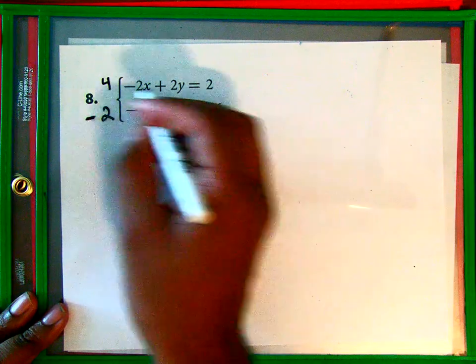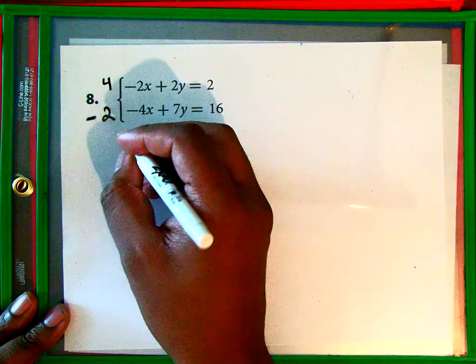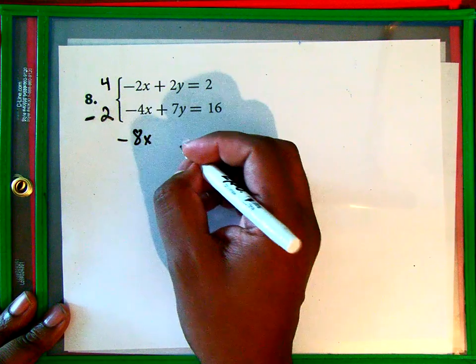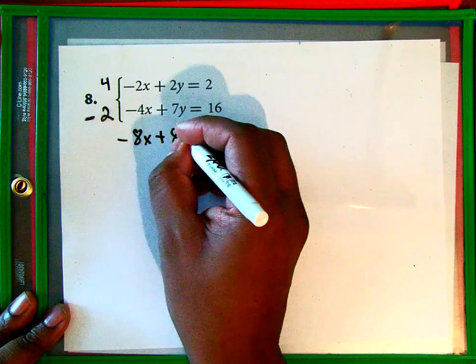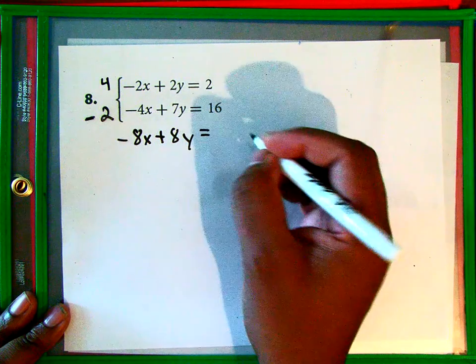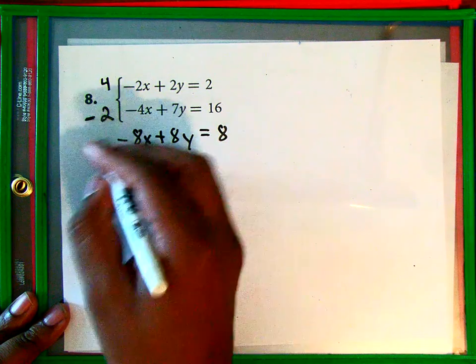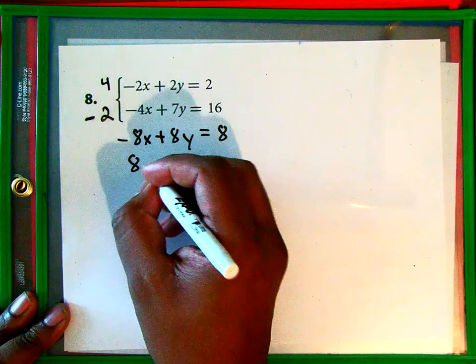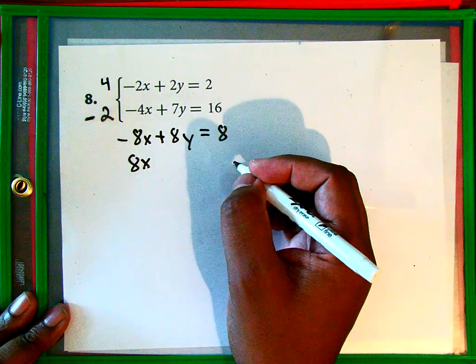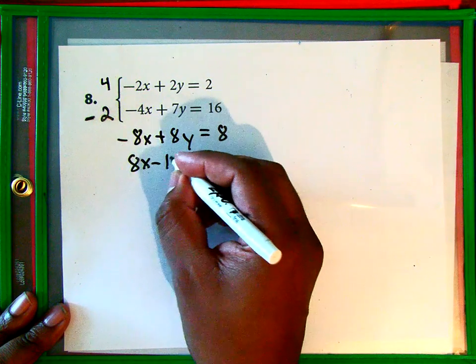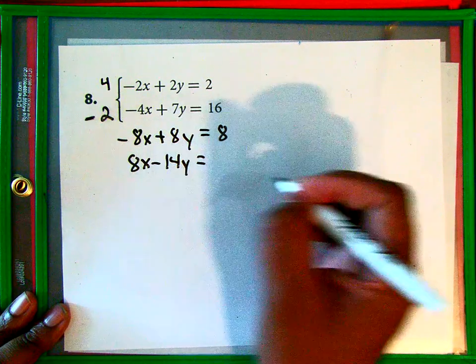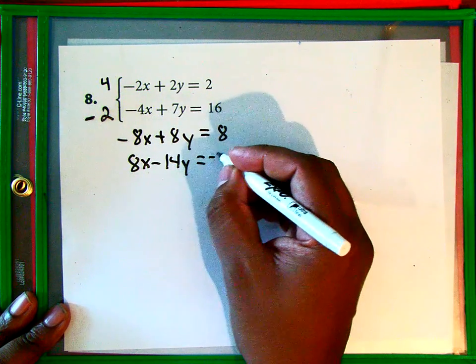Now I'm going to multiply across here, and that's going to give me negative 8x plus 8y is equal to 8. And then I'm going to have a positive 8x minus 14y is equal to negative 32.